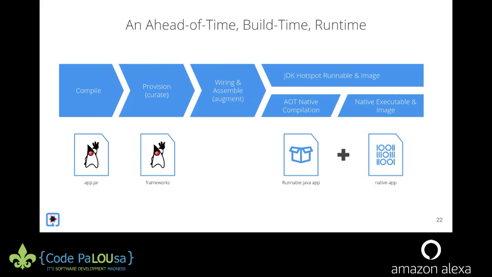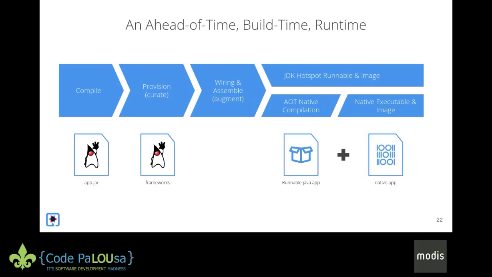And then depending on if you're running it in a HotSpot environment, so in your normal OpenJDK environment, or whether you're performing native compilation, you can see where we fork off, and either we create some sort of runnable image for the OpenJDK, or we do some native compilation and then create a native executable and native image. And again, this is dependent on how you choose to compile your applications.